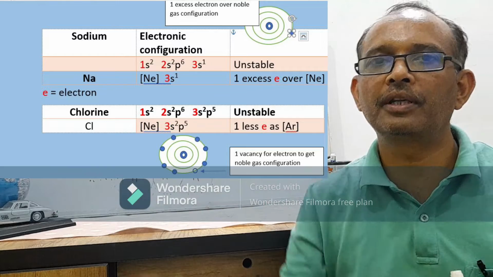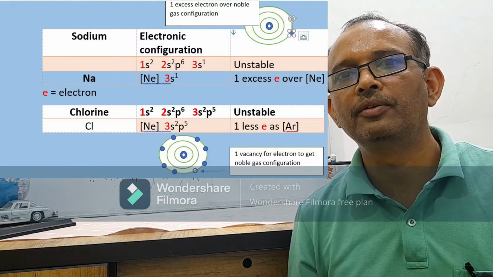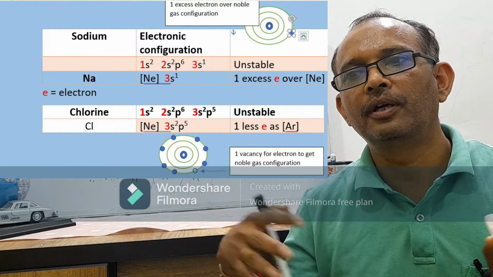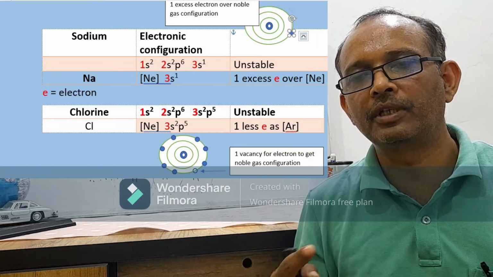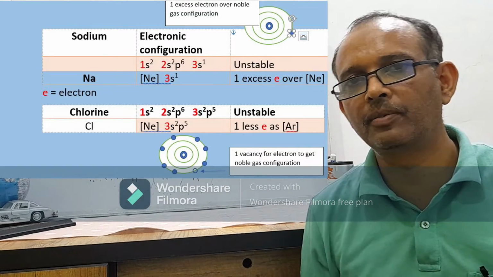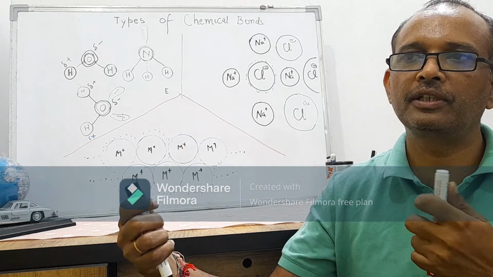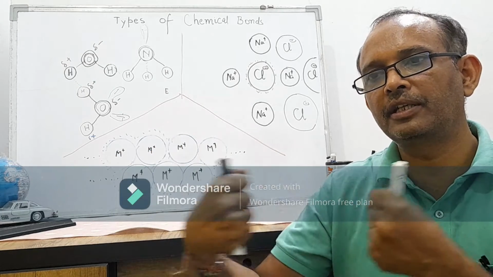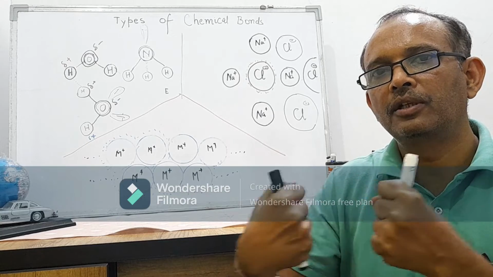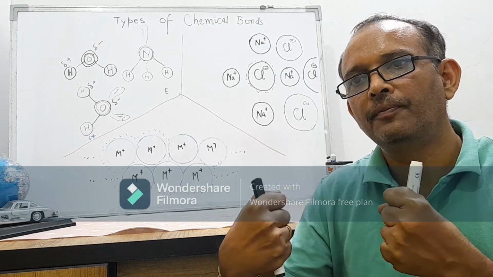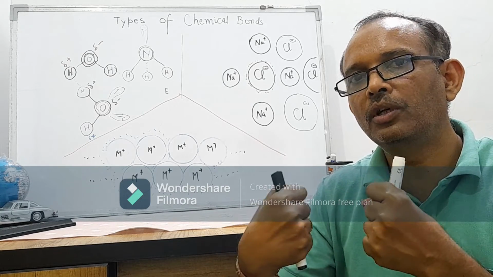Sodium can give an electron to chlorine, so sodium gets a stable octet, chlorine gets a stable octet. A positive charge is created here, a negative charge there, and they are held together closely by electrostatic or Coulombic forces.